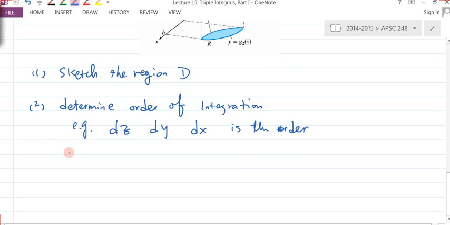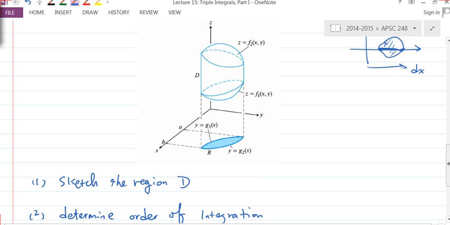The next step is to determine the limits: find the limits for z, y, and x. You'll feel much more comfortable now, just like with a double integral. So I'm trying to find the limits for the z variable. What do we do?